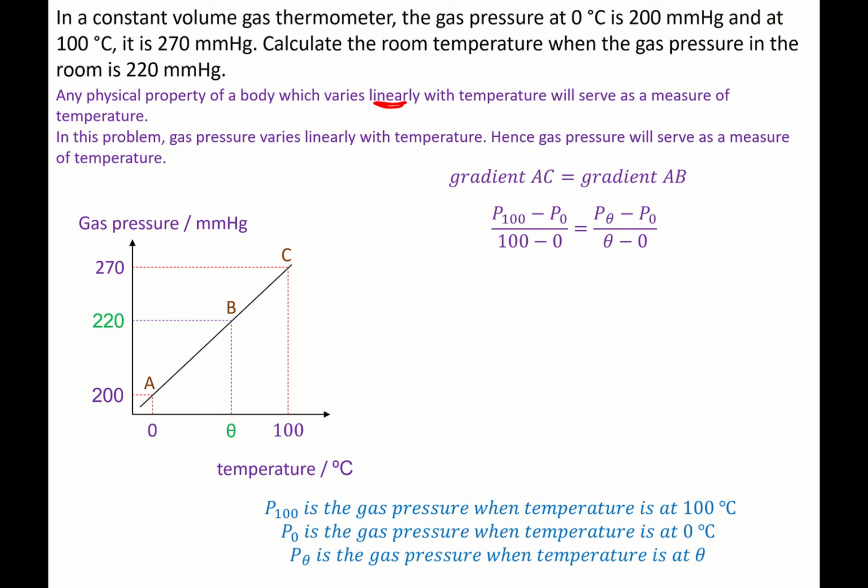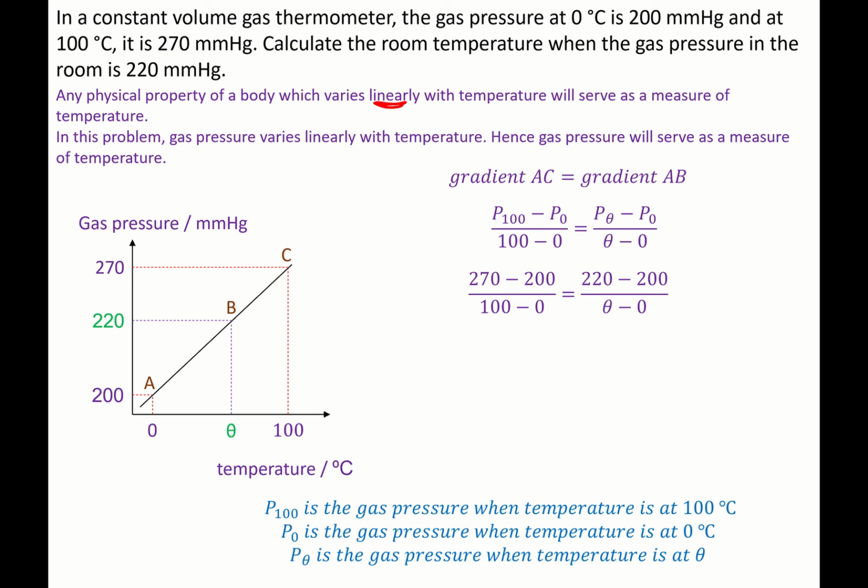P0 is the gas pressure when the temperature is 0 degrees Celsius. And P theta is the gas pressure when the temperature is at theta. And substitute in the values, you get (270 minus 200) over (100 minus 0) equals (220 minus 200) over (theta minus 0).